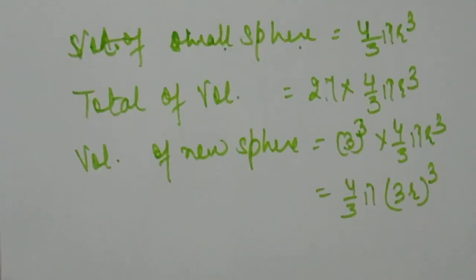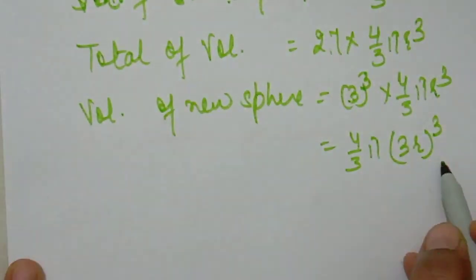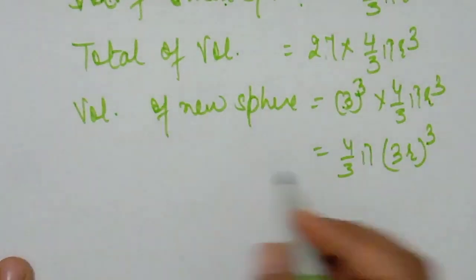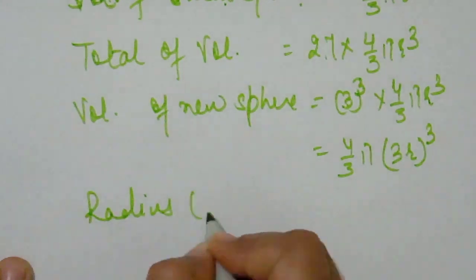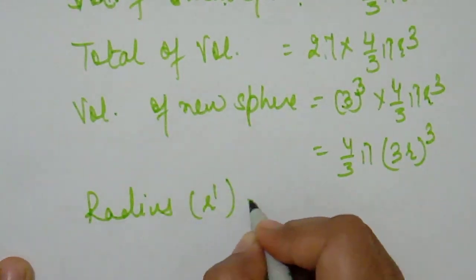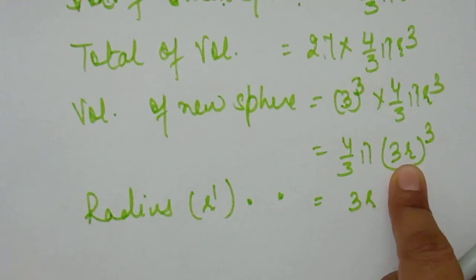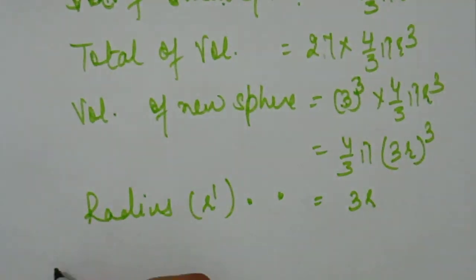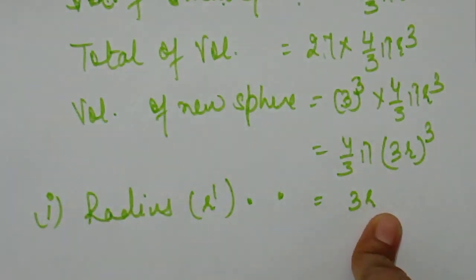Students, this is your volume of the new sphere. So the radius of the new sphere, r dash, is 3r. This is the first part. We have found the radius of the new sphere.